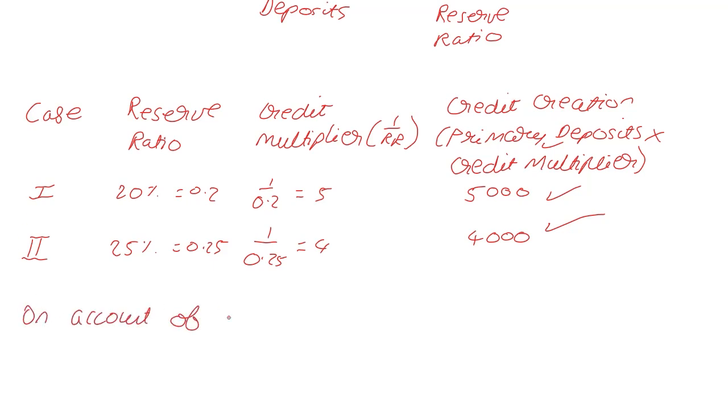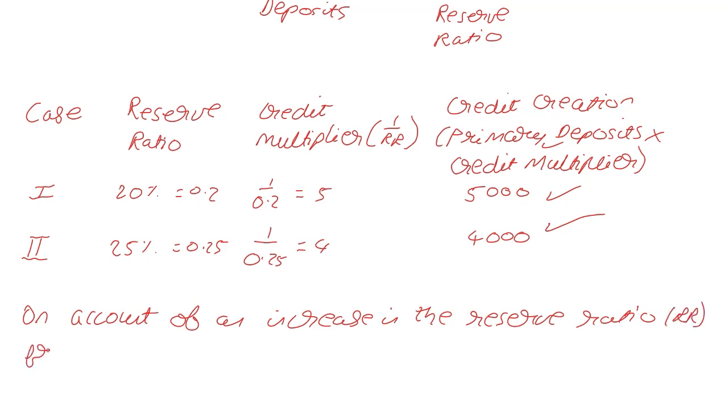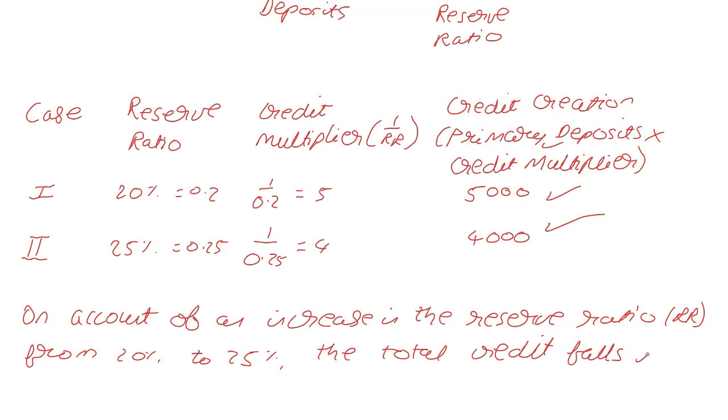On account of an increase in the reserve ratio (RR) from 20% to 25%, the total credit creation falls from rupees 5,000 to rupees 4,000.